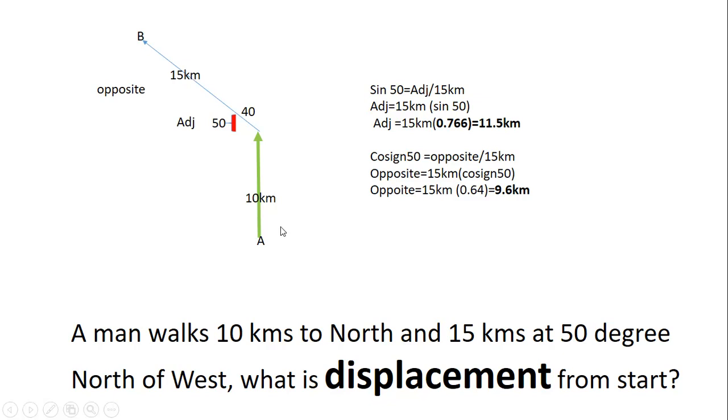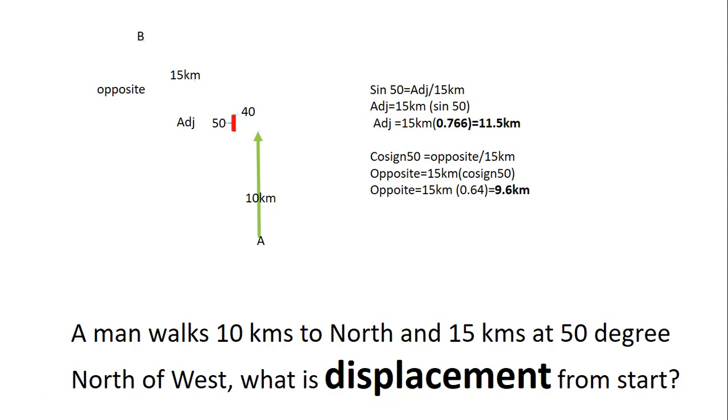Now the question is, what is the total displacement between point A and point B? What's the displacement between the starting point of the person and the final point? So we need to calculate this displacement. How do we do that?